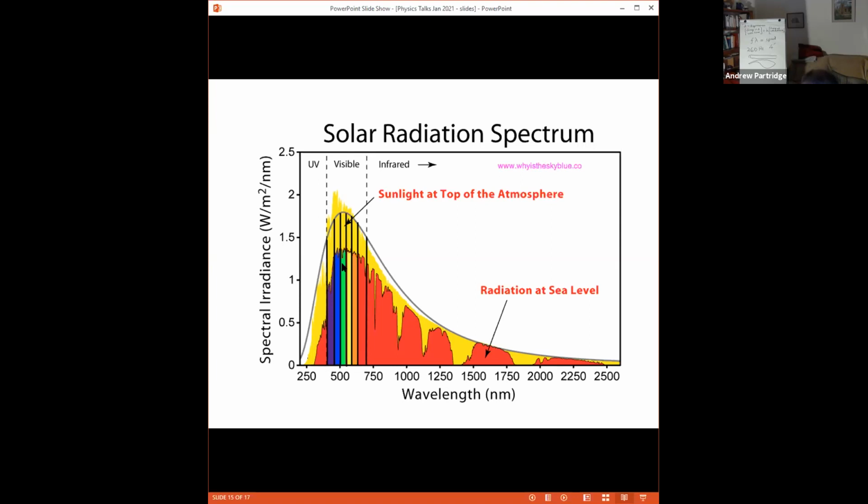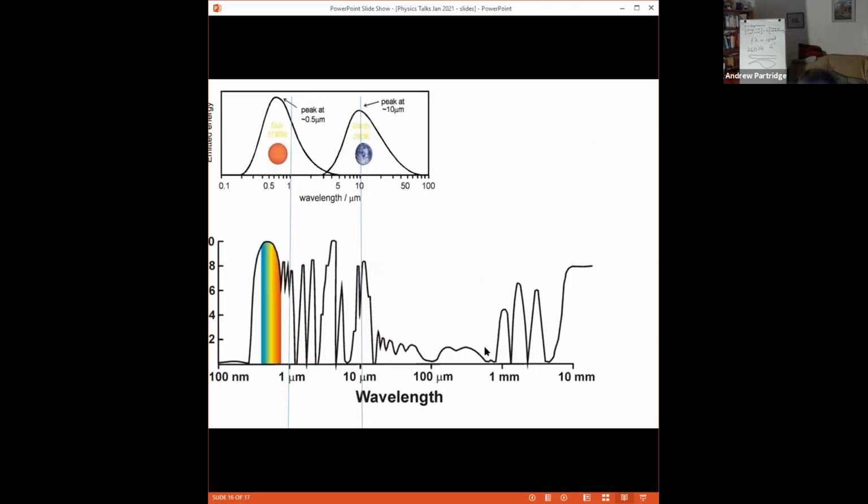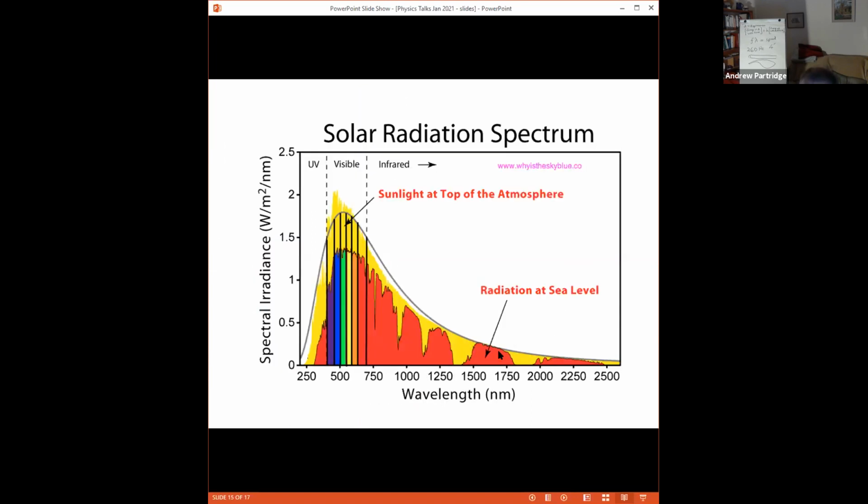Red is long wavelengths, blue and violet is short wavelengths. And as you can see, the sun's peak is pretty much smack in the middle of our visible band. But there's quite a bit of energy produced in the high infrared along here, and a certain amount in ultraviolet too.